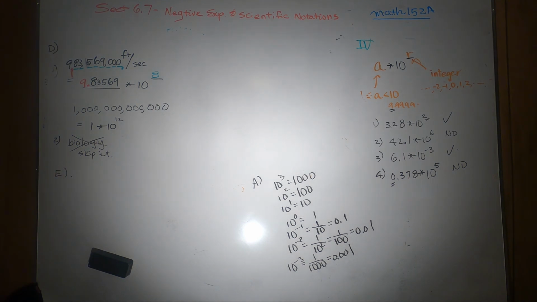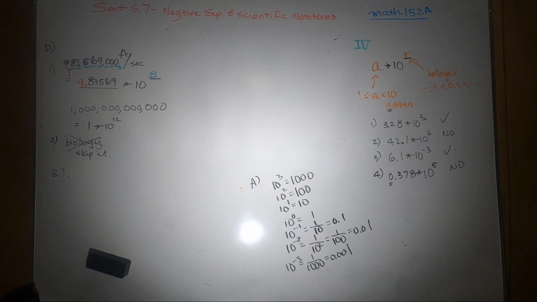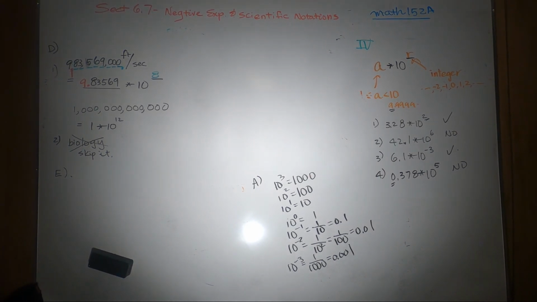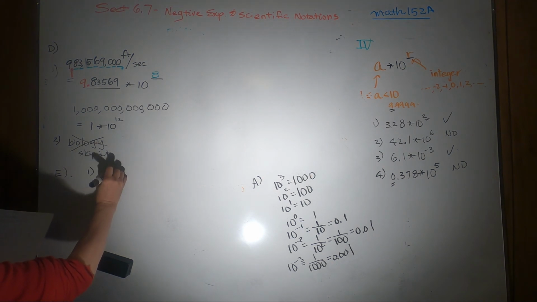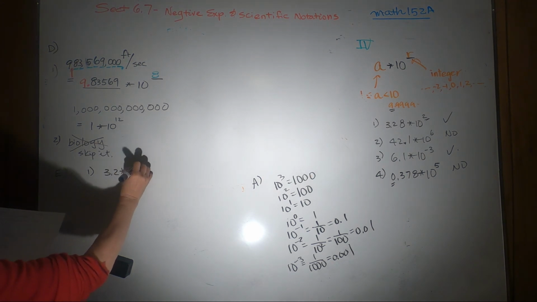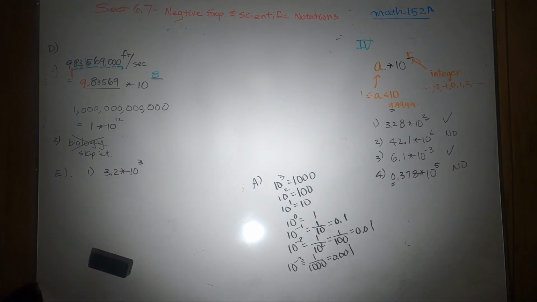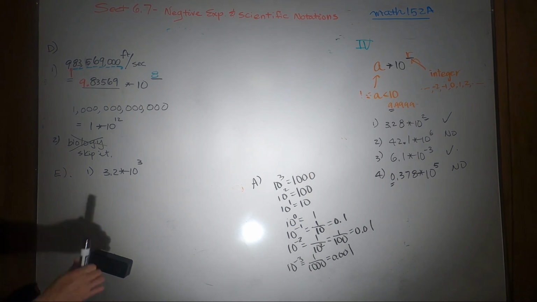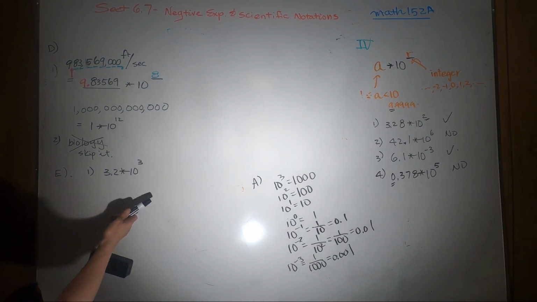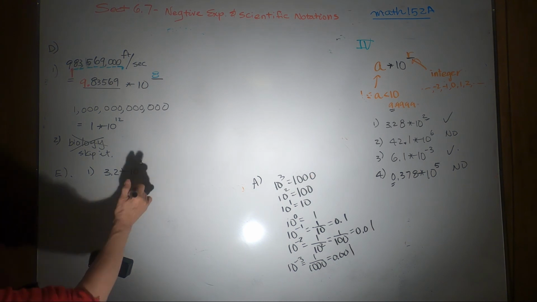Now let's take a look at how we convert back and forth between regular numbers and scientific notations. Okay, regular numbers, we call them standard numbers. Okay, so if I have 3.2 times 10 to the third power, do I have a scientific notation? So you times 10 to the third power, 1,000, the number should be bigger or smaller?